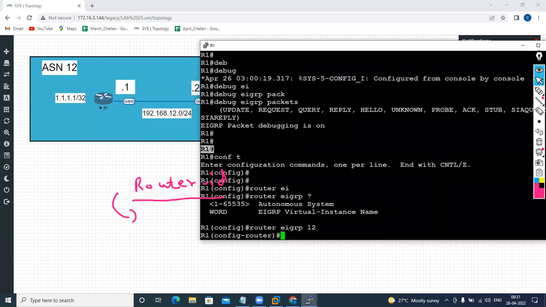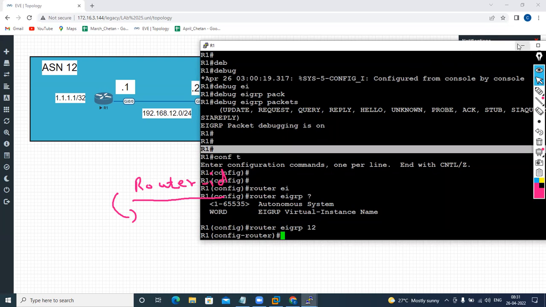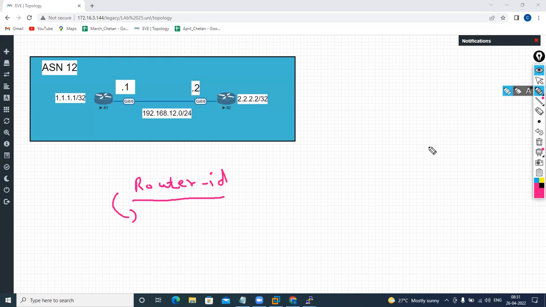This is your router name. What is router ID? So loopback ID is router ID. No, I'm not asking what the router ID is. I'm asking what do you mean by router ID? What do you understand by the word router ID? What is the significance of router ID?